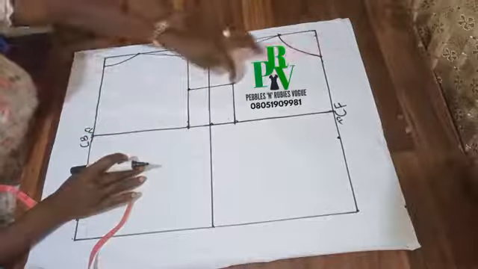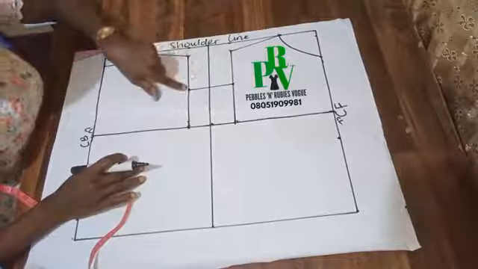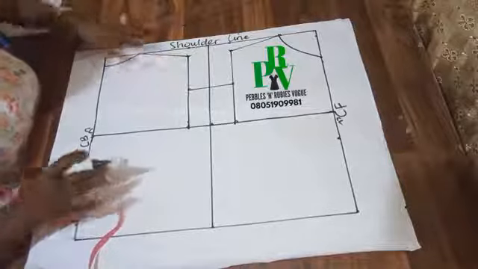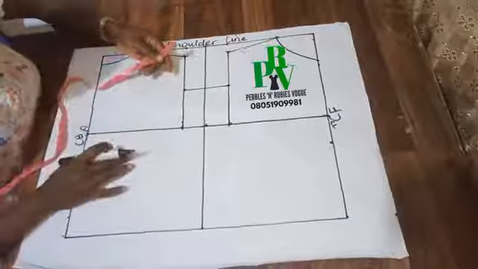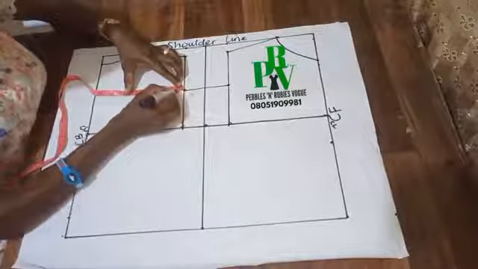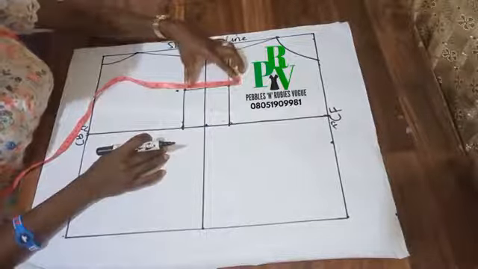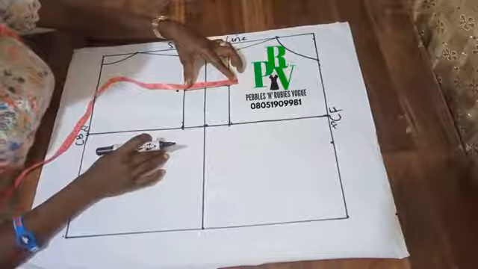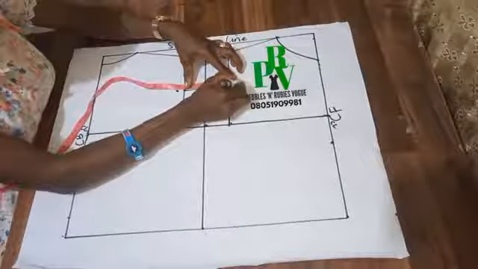So this is the midpoint for the front block, and the midpoint for the armhole of the back block. On the midpoint for this back block, I'll come in by 0.5 inch here, and on the front block at that midpoint I'll come in by 0.75.